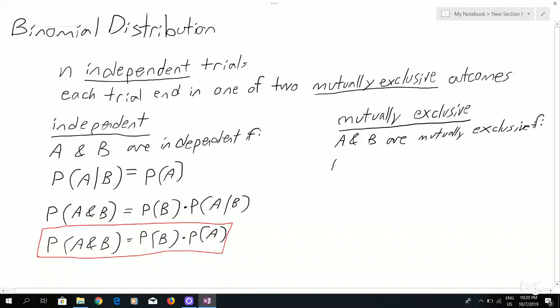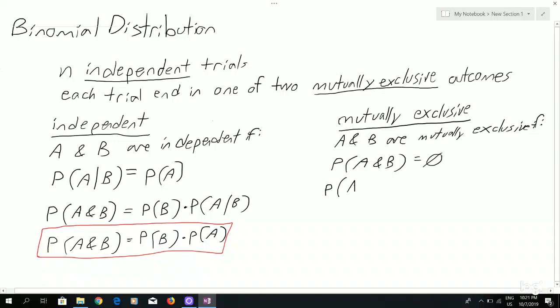What does that mean? It means the probability of A and B is equal to 0. If they cannot happen together, then the probability of them happening together is 0. Now what does that mean for the OR operator?